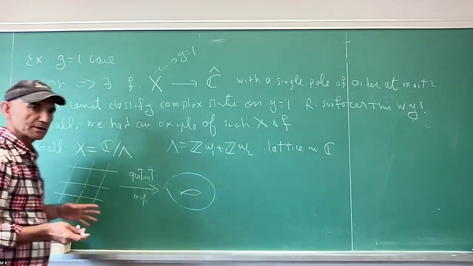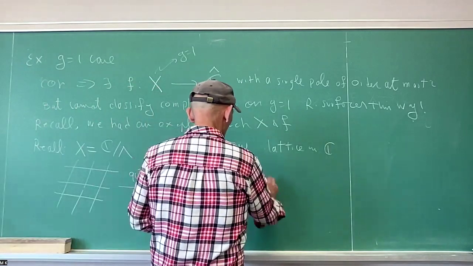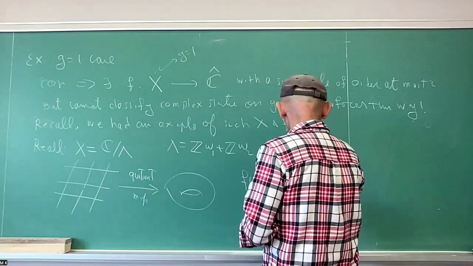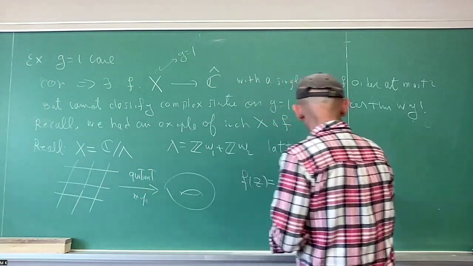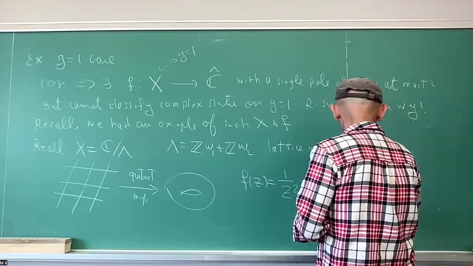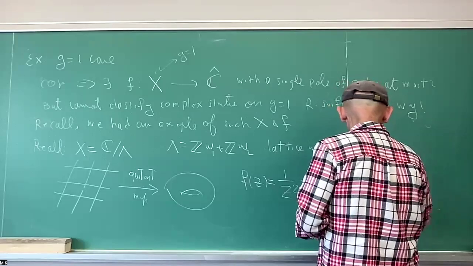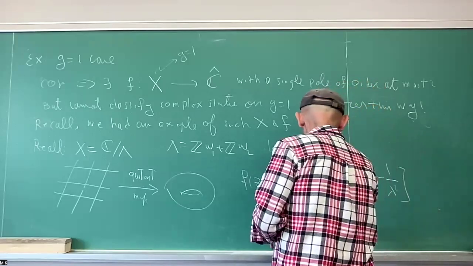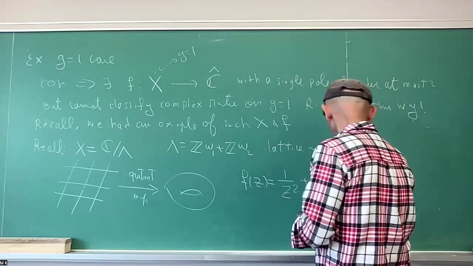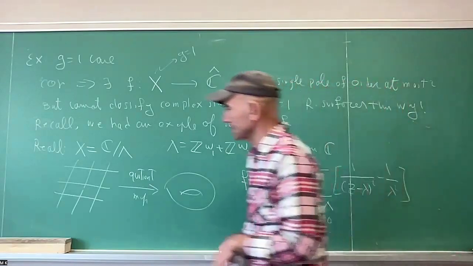Now, what was the example F that I constructed? I define F of Z to be equal to 1 over Z squared plus the sum of 1 over (Z minus lambda) squared minus 1 over lambda squared, for lambda belonging to capital Lambda, and lambda is not 0. So you're summing over all lattice points except 0 here.